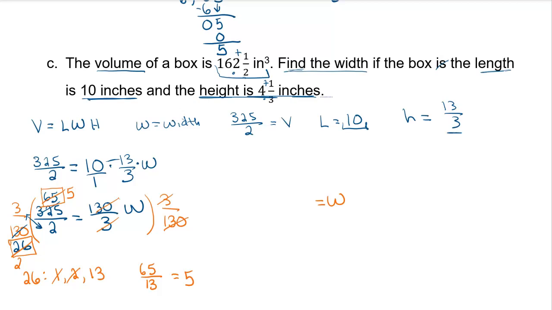Notice also that I've used a combination of different colors, so it's easier for me to see what's left. So on the left-hand side, I have 3 times 5, which is 15, over, let's see here, 2 times 2. So over 4, right? So we had 3 times 5, which is the numerator, and then 2 times 2, which is the denominator.